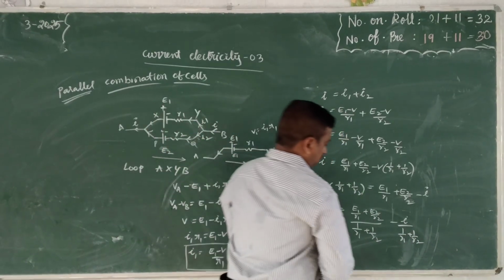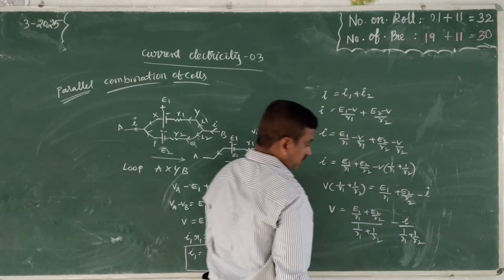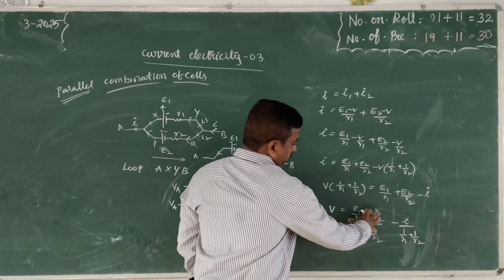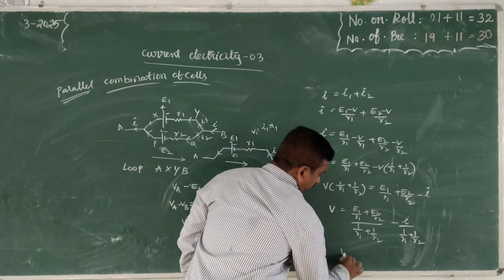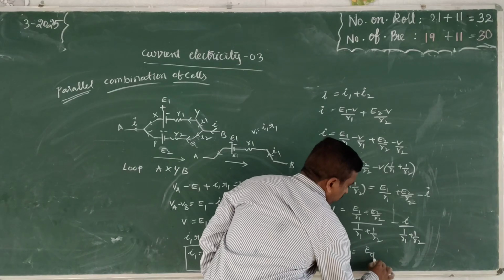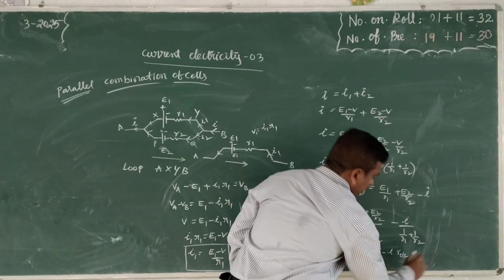This one I write here separately. Now V equals E effective minus I R effective, like the IR is there.